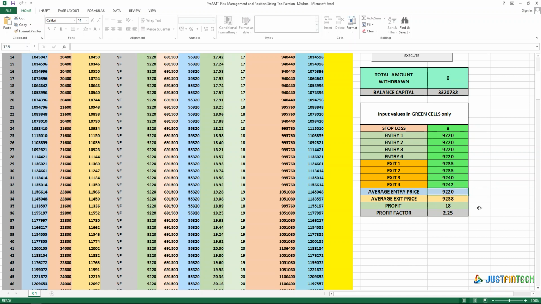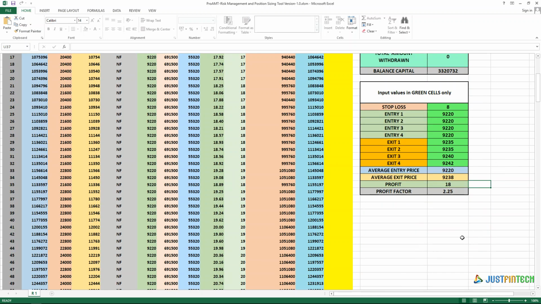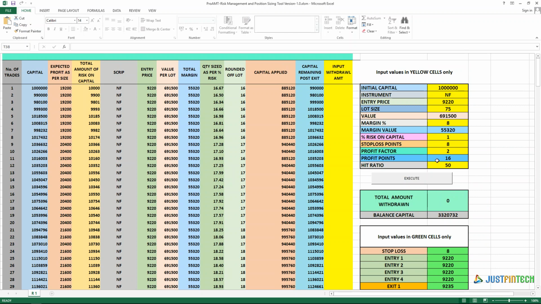Now just 1 point difference in the first 50% exit, and 2 points difference in the last exit. But see how the profit factor has changed. So it becomes 2.25. So earlier it was 2.47. When it was 2.47, your profit was 50 lakhs, because you are ending up with 60 lakhs.